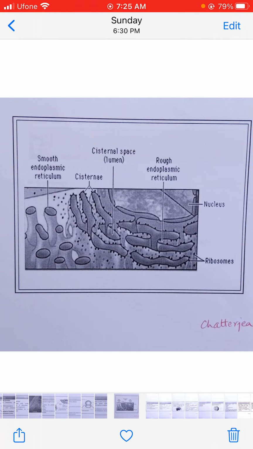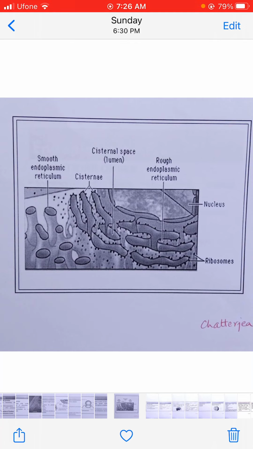So here you can see the endoplasmic reticulum is extended like channels throughout the cytoplasm. The nucleus part is separate, while the other part, which is the cytoplasm, is made up mainly of the endoplasmic reticulum.